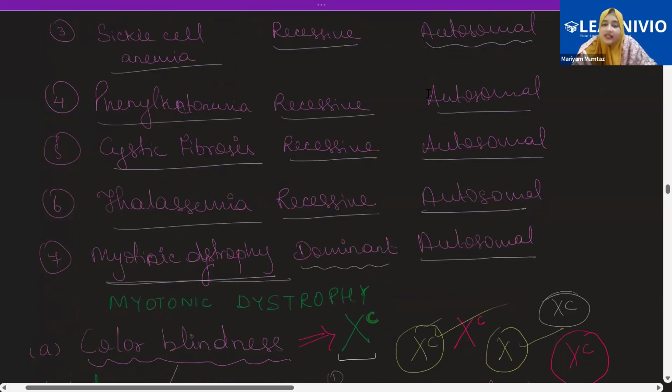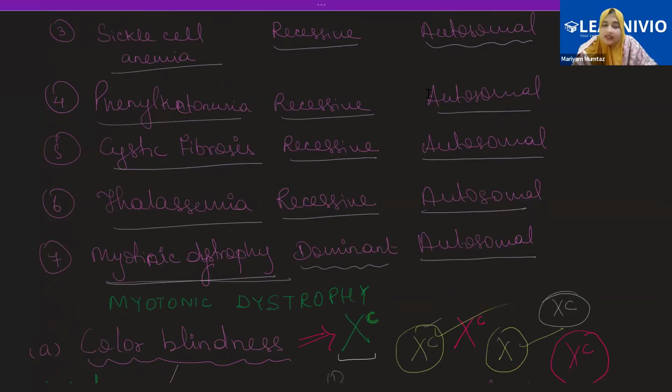Cystic fibrosis, thalassemia, and myotonic dystrophy are all autosomal, but amongst them, myotonic dystrophy is the only one which is dominant in nature, meaning that it will express itself in a homozygous dominant or heterozygous condition. So let's see about that.